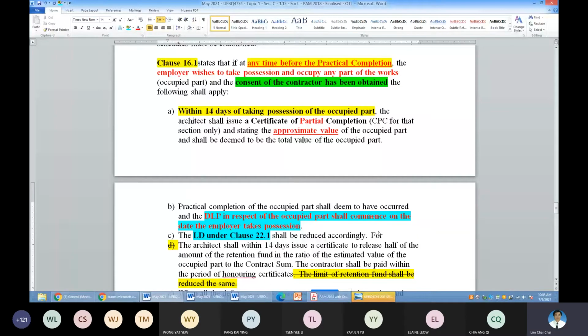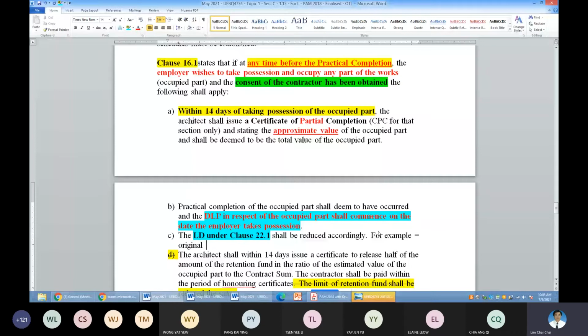Original LD is RM 1000 a day. So now the original LD is 1000 per day.